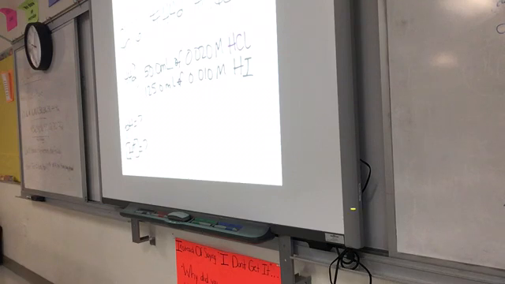This and this. They are both strong acids, which means they completely dissociate. All of the moles of acid become moles of hydrogen ions because it's a 1:1:1 ratio, correct?